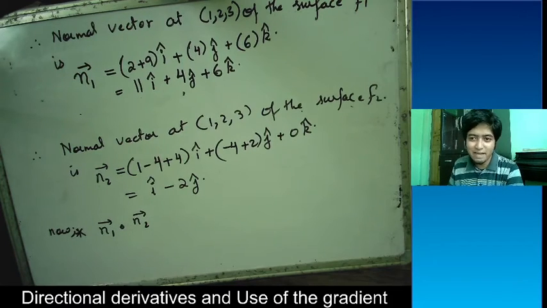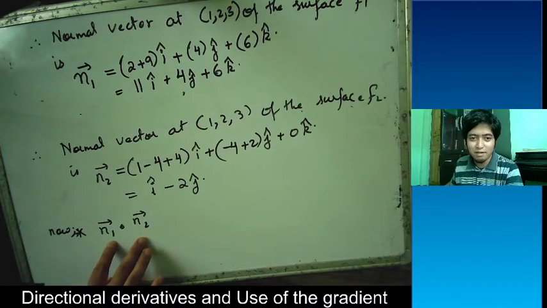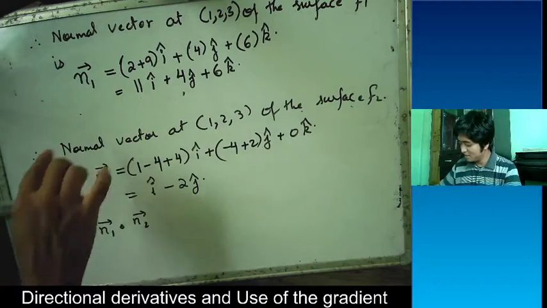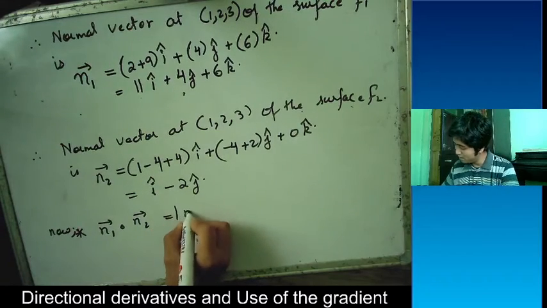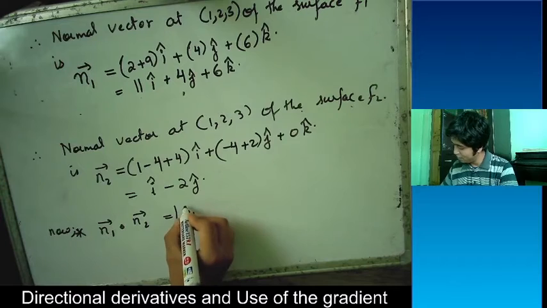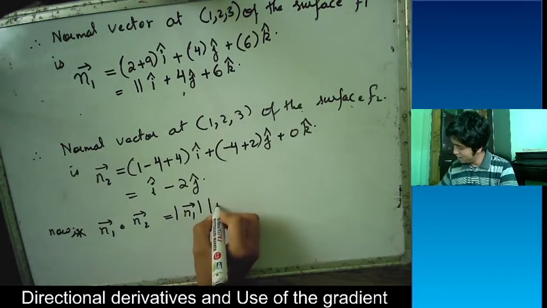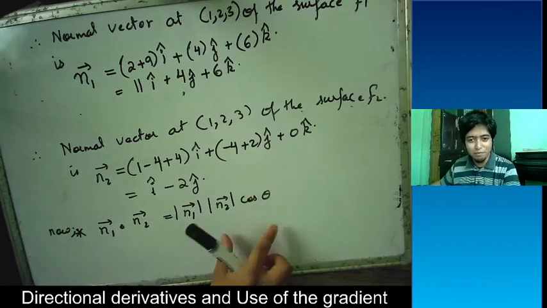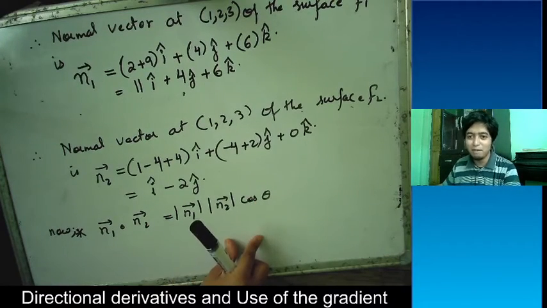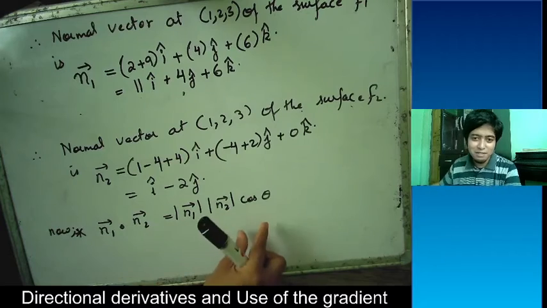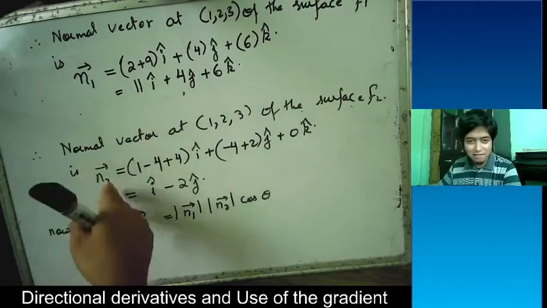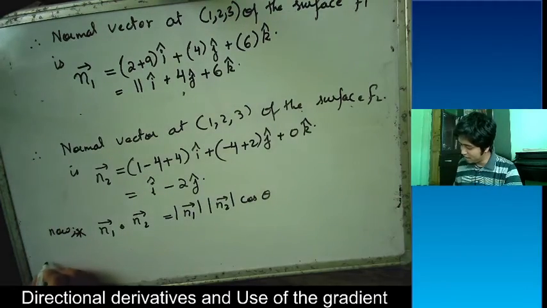Since we want to find the angle, we will use the dot product. This one all of you know, the dot product is given by this formula, but we are using it to find the angle between the two surfaces by using the normal vectors n1 and n2.